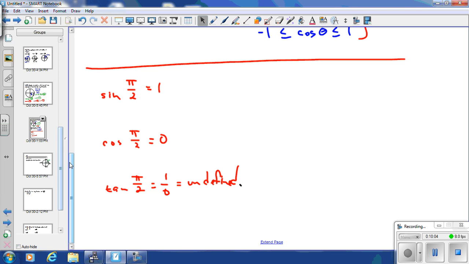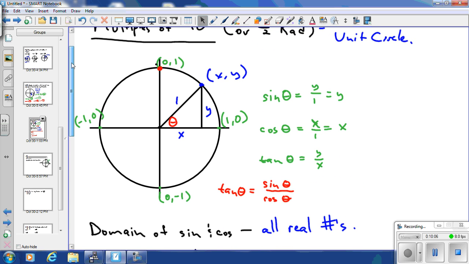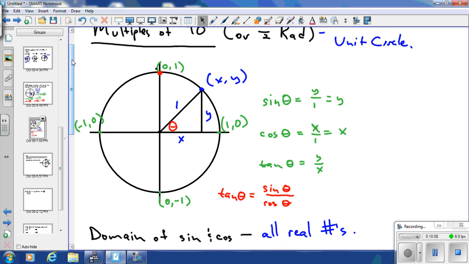All right, so that is how you're going to find the sine, the cosine, and the tangent, or the secant, cosecant, and cotangent of any multiple of 90 degrees. It could be 90, it could be 180, or pi radians. Here, the sine would be 0, the cosine would be -1, the tangent would equal 0, because 0 divided by -1 is 0.